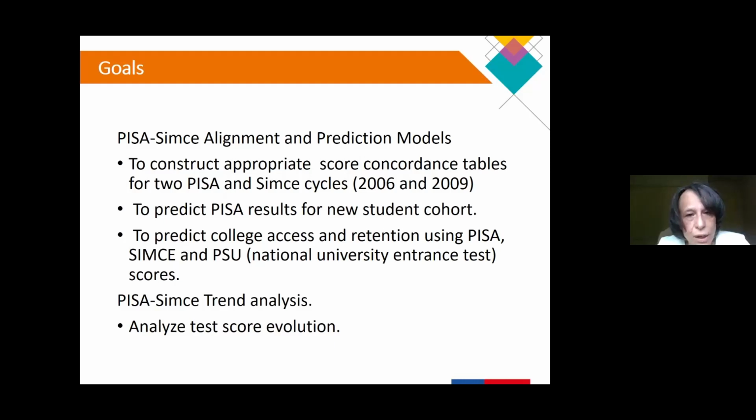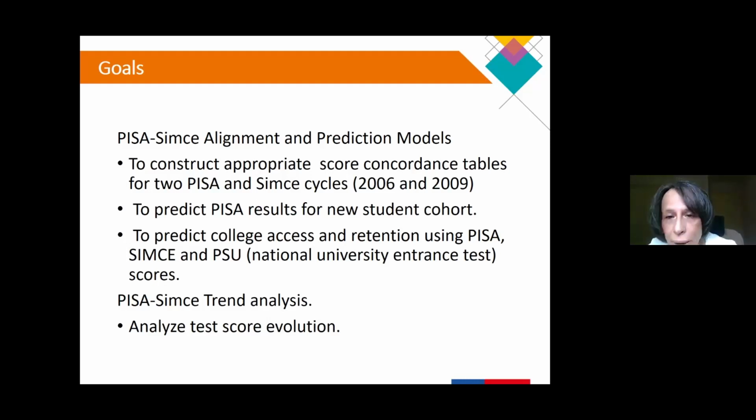For PISA, we want to make some alignment and prediction models. So we want to inform our schools how they are performing in terms of international scales. So we want to set some concordance tables, because both tests are not measuring the competencies in the same way.